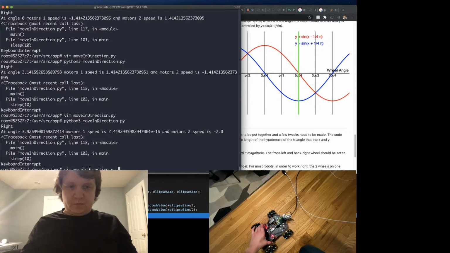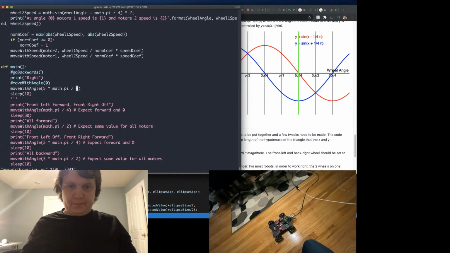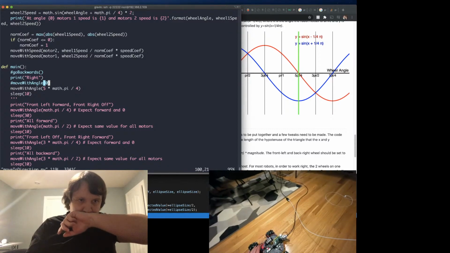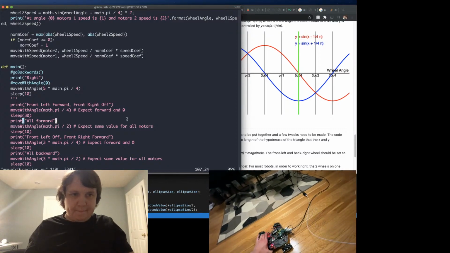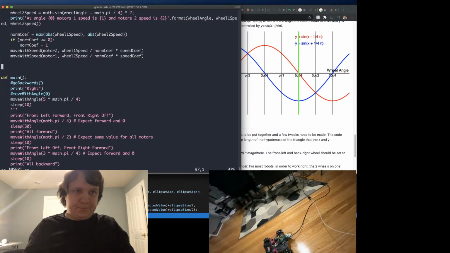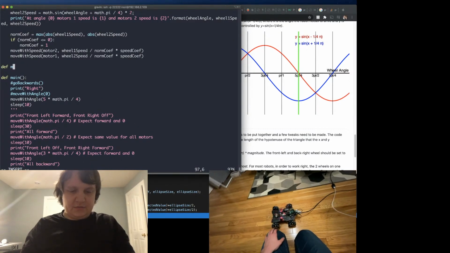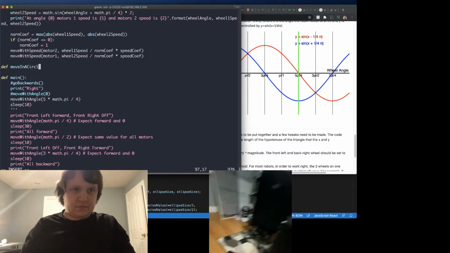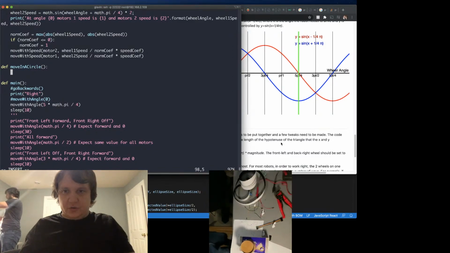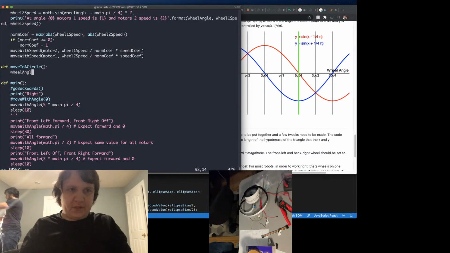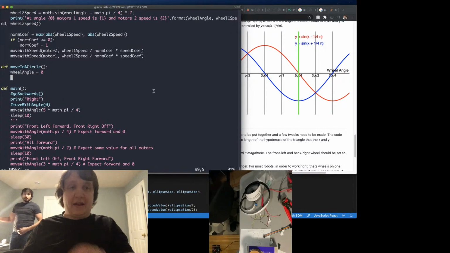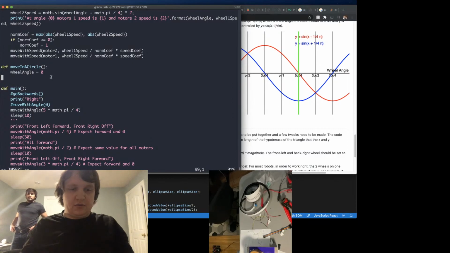So diagonal. How do you get an actual circle? Okay, let's add a new method. Move in a circle. So what it's going to do, wheel angle, start at 0. We're going to add a part of a circle.